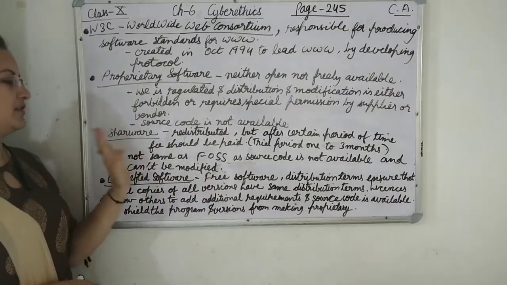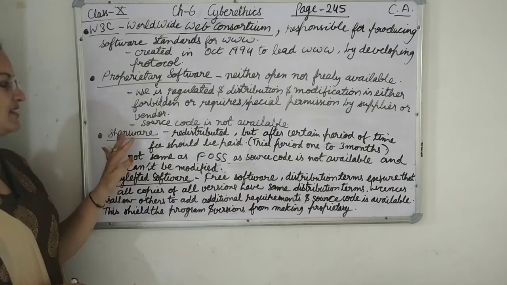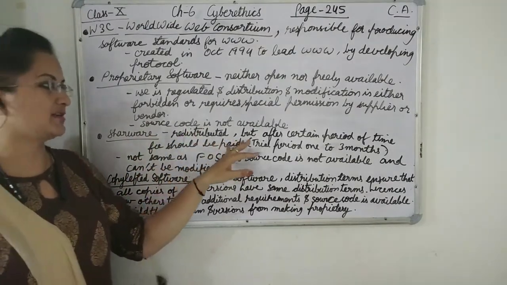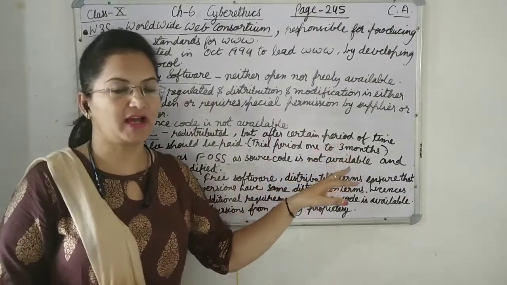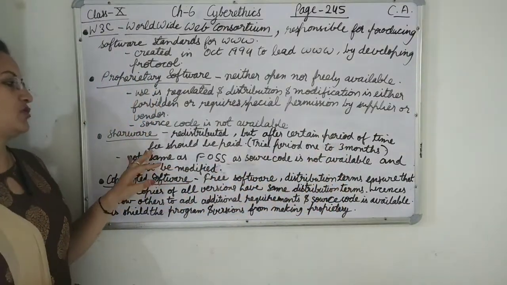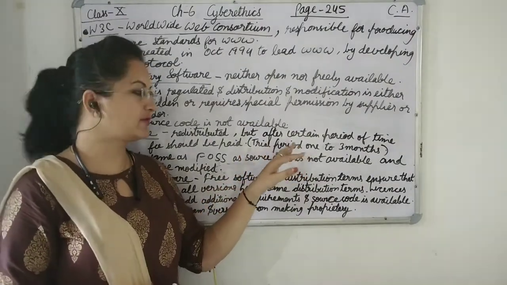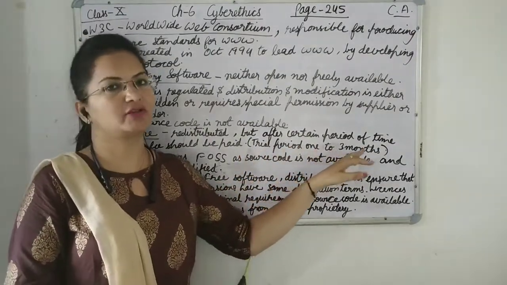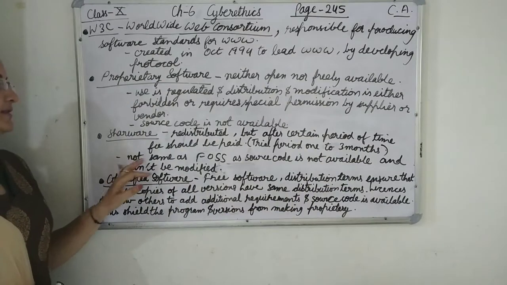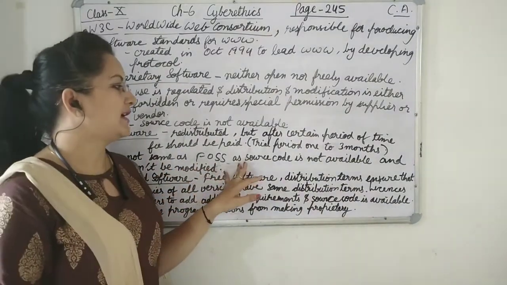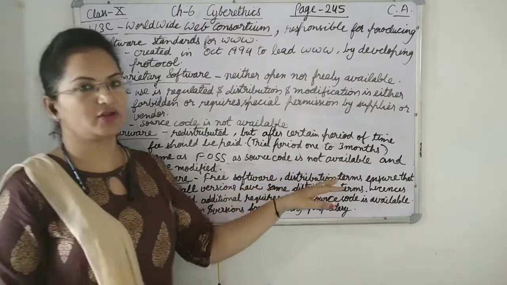Now shareware. Shareware, as the name suggests, can be shared. The software can be redistributed, but after a certain period of time, the fee should be paid. That means they will provide a trial version of the software for some time, like 1 month to 3 months, and it is not the same as free and open source software. Here the source code is not available.